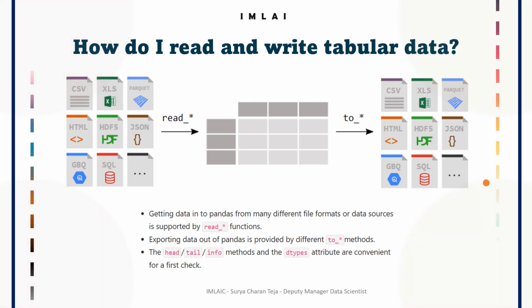So we have seen how to read and write tabular data from any format into the data frame and from the data frame into any format. Now let's look into more advanced concepts.